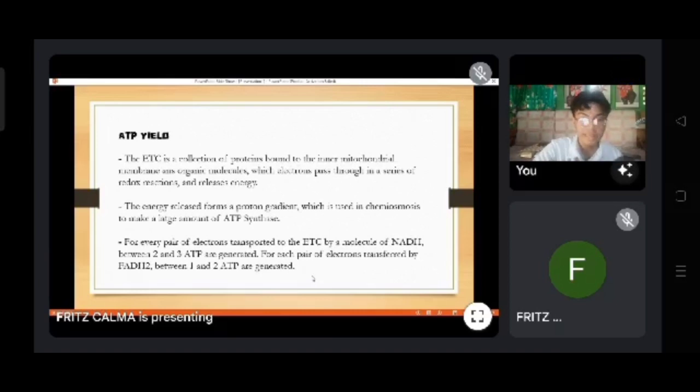So, in addition, the amount of energy as ATP gained from glucose catabolism varies across species and depends on other related cellular processes. And it happens po sa eukaryotic cell.